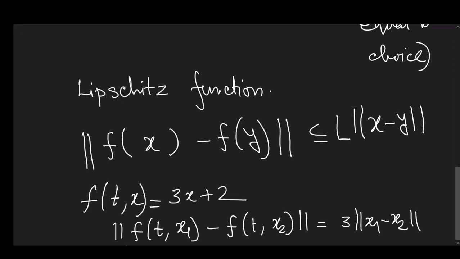So here the Lipschitz constant is what? The Lipschitz constant is L equal to 3. What we are claiming here is a very simple thing: the rate of change of your function is bounded, and here our L is 3.